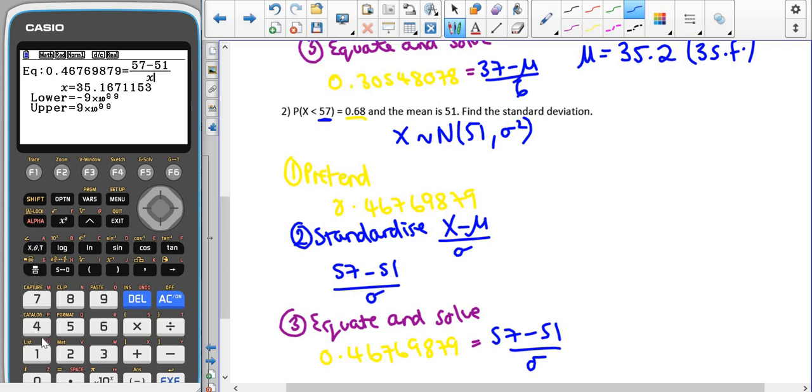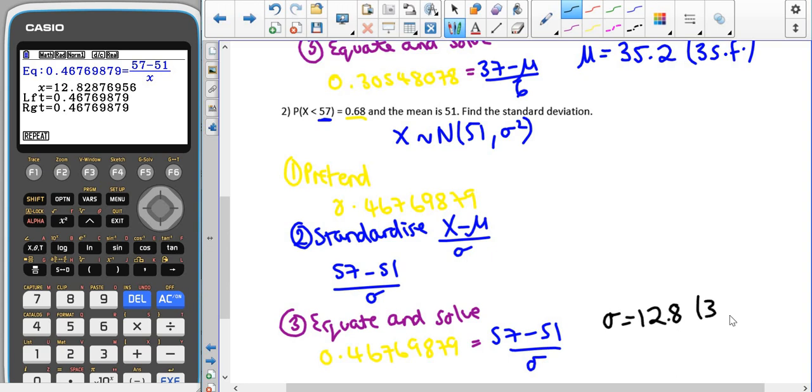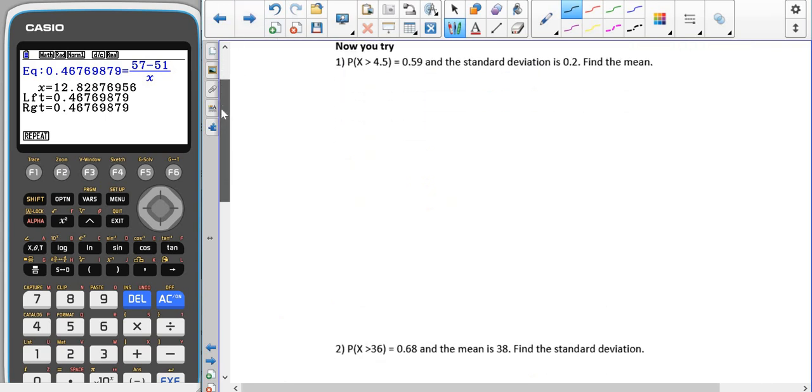Again, quickly make sure that you've typed everything in correctly, and remember that you have to click xe twice. So then that gives us a standard deviation of 12.8 to 3 significant figures. So I'd like you to pause the video now and give the 2 now you try questions a go.